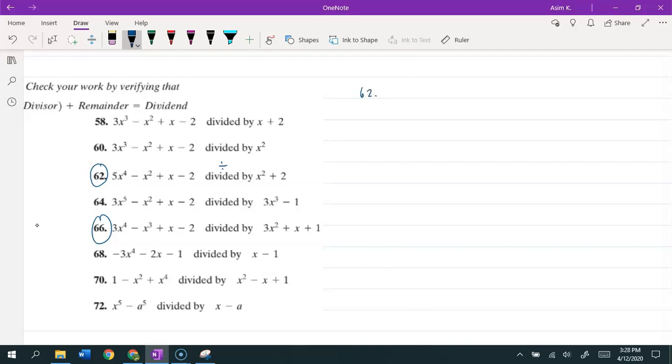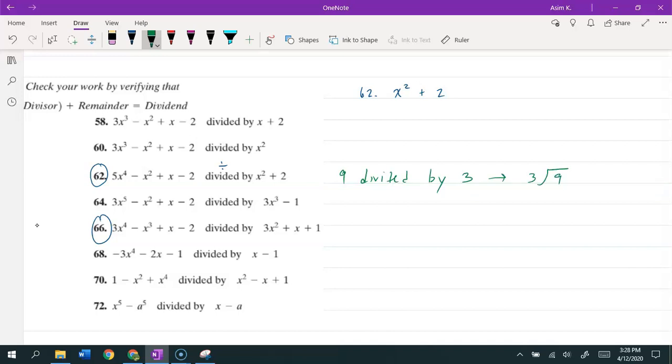You begin by writing down x squared plus 2 on the outside. And the logic behind that is, if I had told you 9 divided by 3, you would have said that means 3 goes into 9 like that, right? Long division.